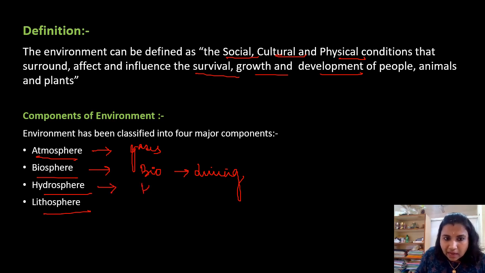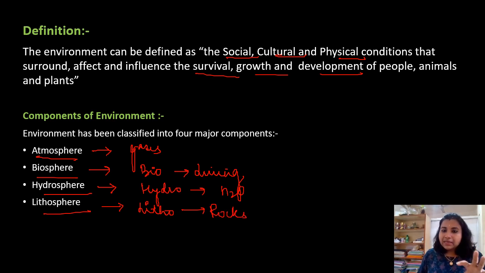Hydrosphere comes from the word hydro, which means water. So it includes all the water bodies that exist on earth. Lithosphere comes from the word litho. Litho means rocks. So it includes all the rock particles that exist on earth.